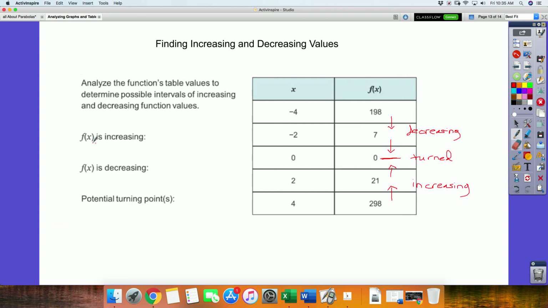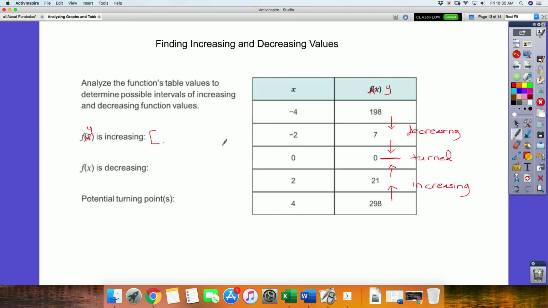So now it wants to know when is f of x, and remember f of x is just a fancy way of saying y. So we can say that it increased using our function notation from -4 up to 0, because that's where it turned. And then starting, oops, did I do that backwards? I did. Increasing is our up arrows. That's my bad.